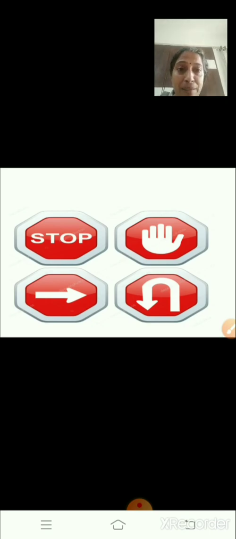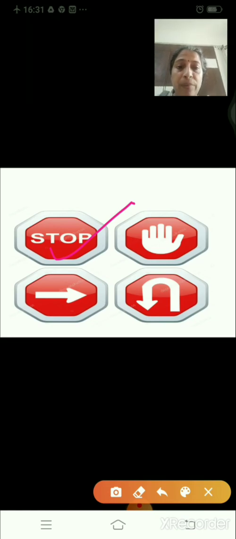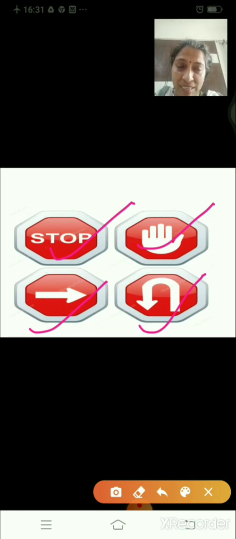By looking at the symbol, he can understand and he can drive safely. This symbol stands for stop. This one, do not enter. This one, you can take a left. This one, you can take a U-turn. That is why symbols are used. Is it clear, students?